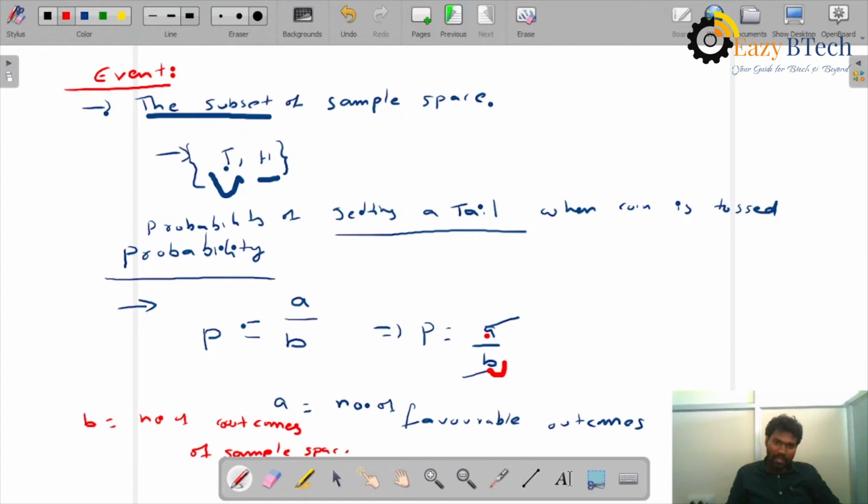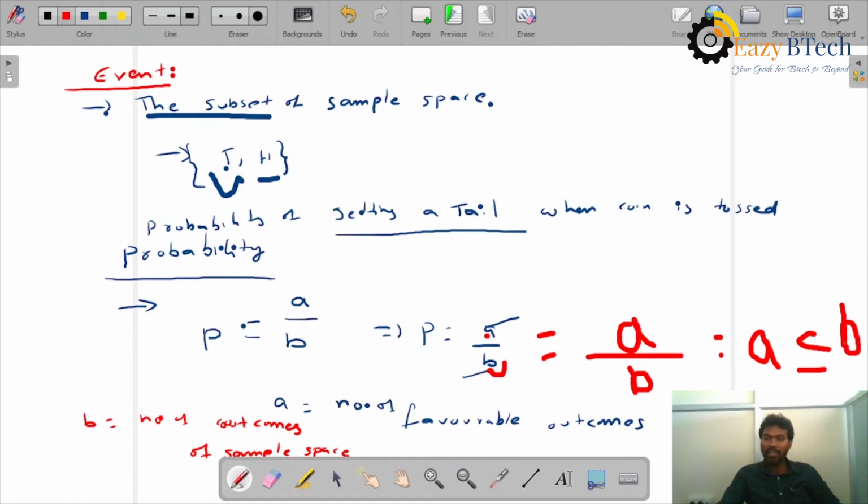So a by b is the ratio, but the denominator is the sample space. That means the denominator is always greater than or equal to the numerator. Here the condition is that A must be less than or equal to B. That is the meaning.